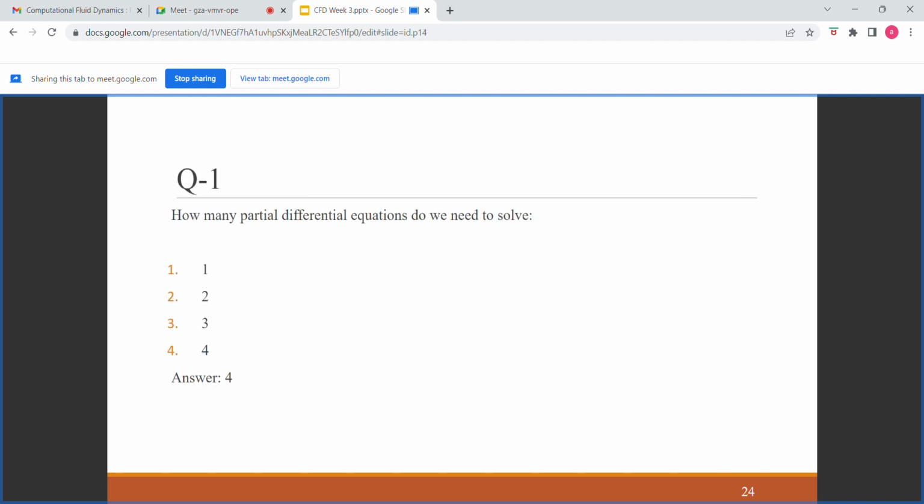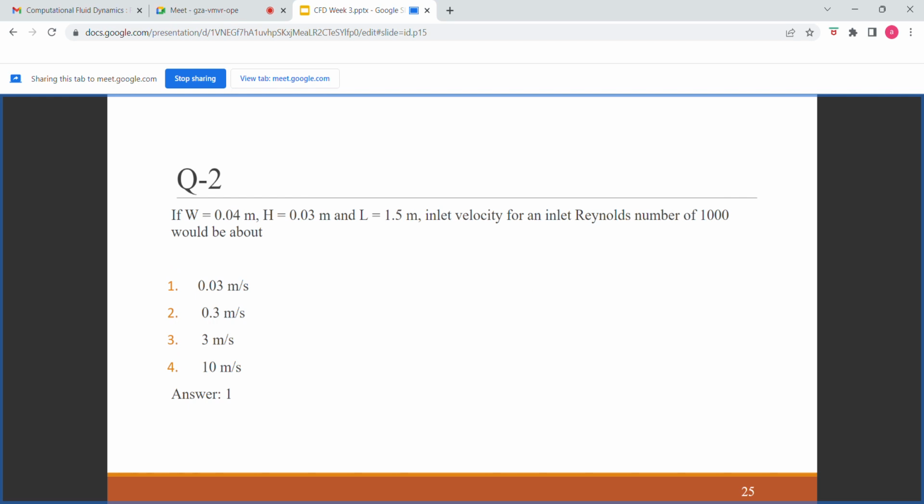How many partial differential equations do we need to solve? It would be one continuity equation followed by 3 momentum equations, the momentum balance. So 4 equations should be solved. If W is given as 0.04 meter, H as 0.03 meter, and L as 1.5 meter, what would be the inlet velocity when the inlet Reynolds number is 1000?